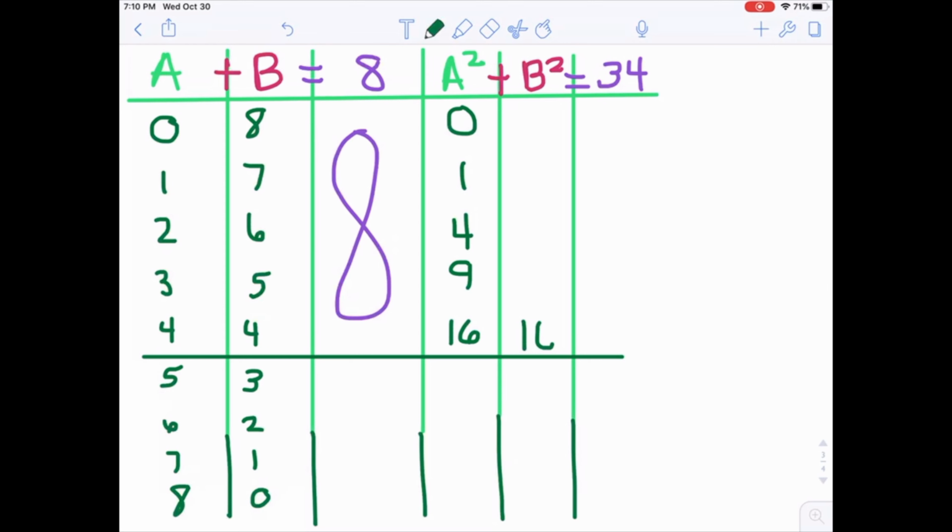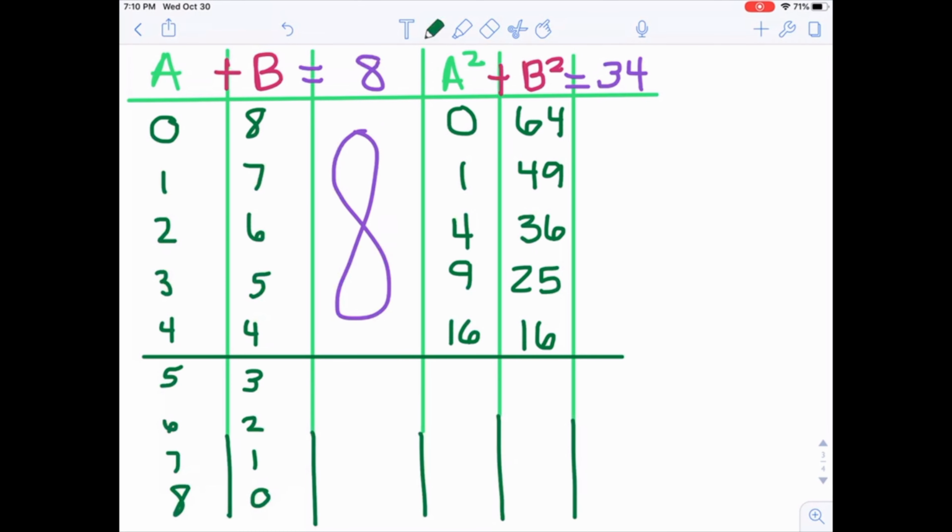Well, that one's easy because it's the same. 5 times 5, 25. 6 times 6, 36. 7 times 7, 49, and 8 times 8 is 64.